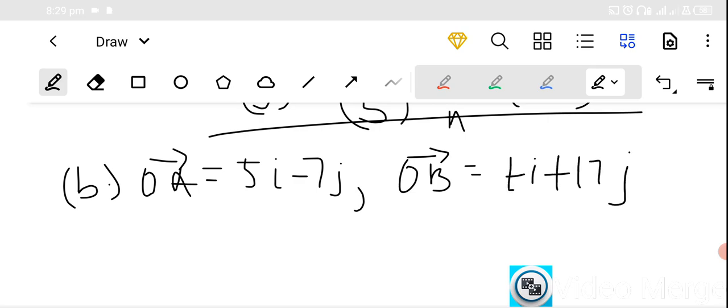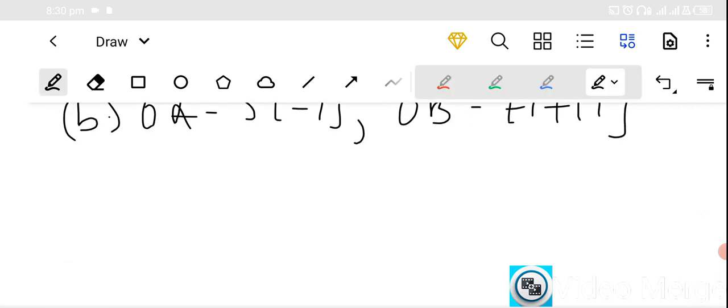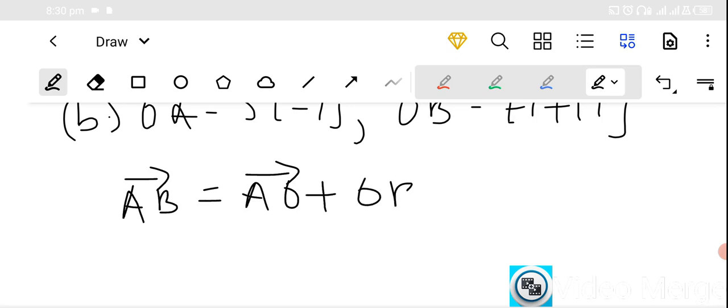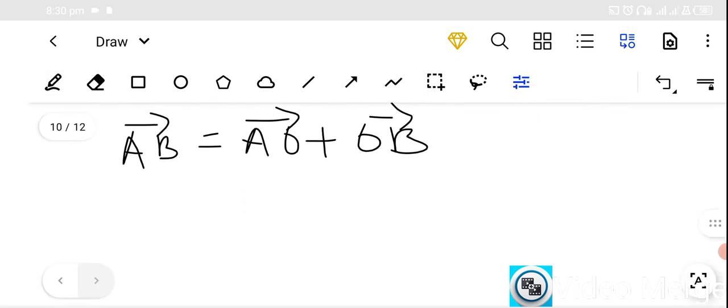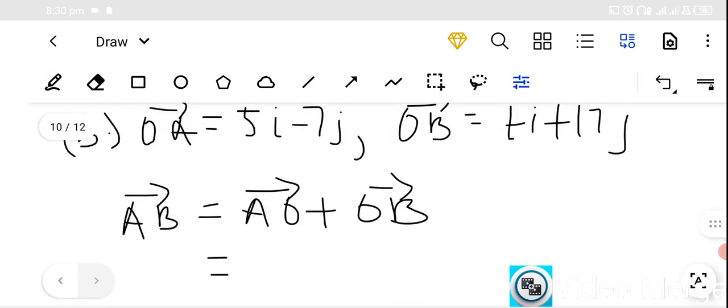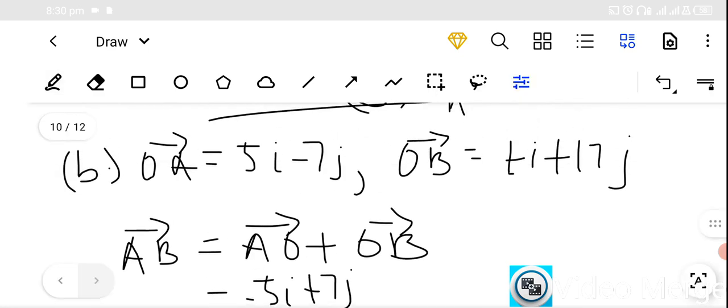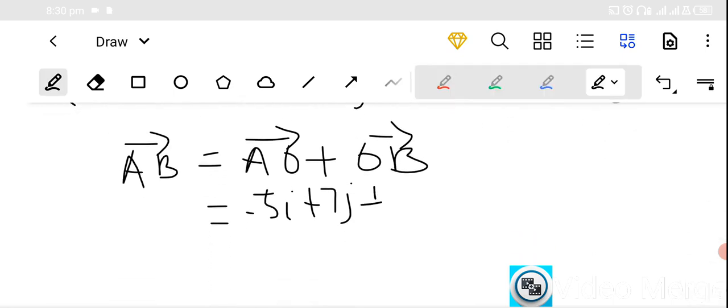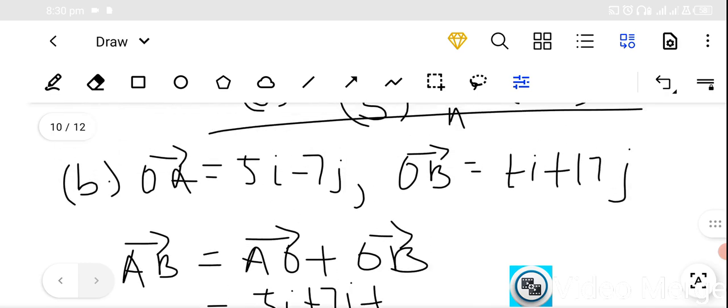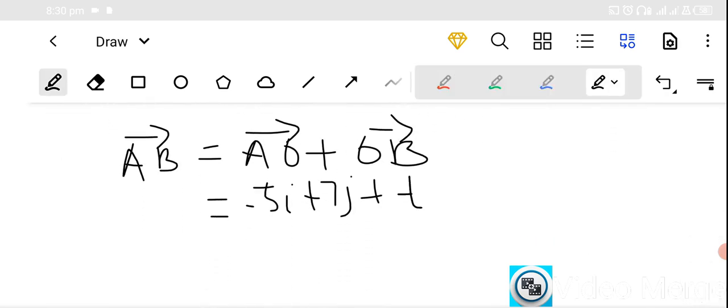So we were told that the unit vector in the direction of AB is given. So let's find what AB is, because we were given something that is in the direction, meaning it's parallel to AB. So AO will be a negative 5i plus 7j, like that, so in opposite direction, plus OB, which is Ti plus 17j.